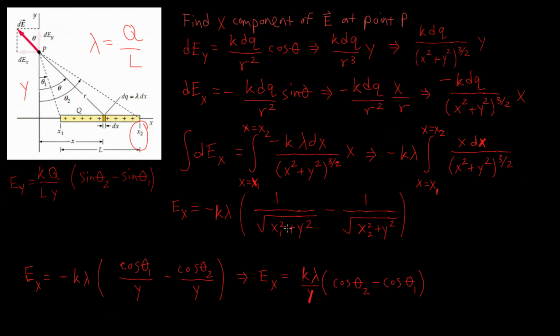So our simplified expression for the electric field at point P in the x direction is this entire expression. We factored out the variable y and distributed this negative sign inside, and that's why we switched both cosine of theta 1 and cosine of theta 2.